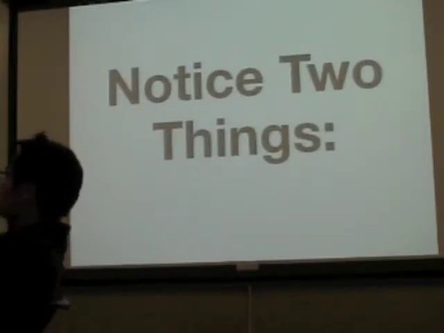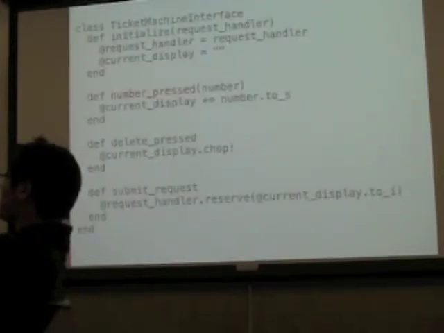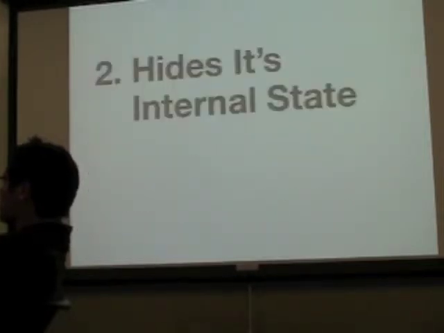And I want you to notice two things about this code. First, it follows the tell don't ask principle. That is, it tells the object that the number was pressed, it tells it that delete was pressed, it tells it that submit request was pressed. It never asks for any information out of the object.